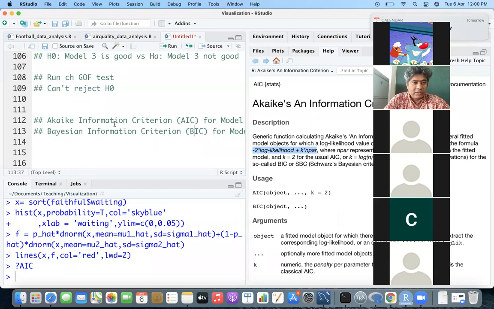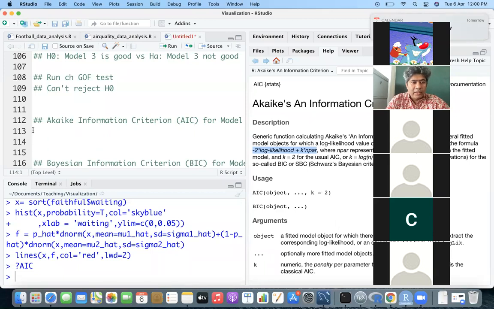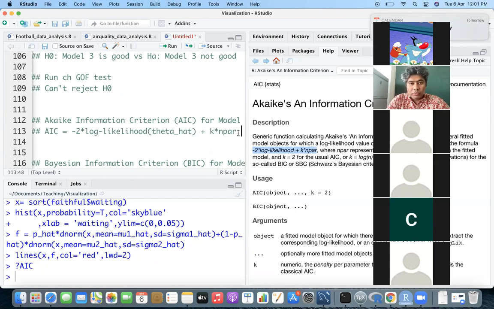So let me just give you the formula for AIC. The formula for AIC is -2 times log likelihood, where the log likelihood is evaluated at theta hat, the MLE, plus k times the number of parameters, and k is equal to 2.